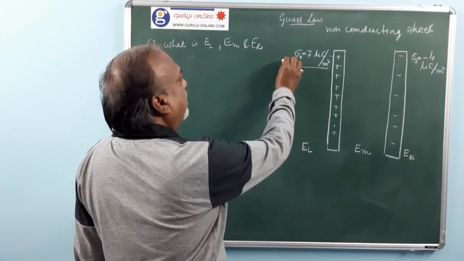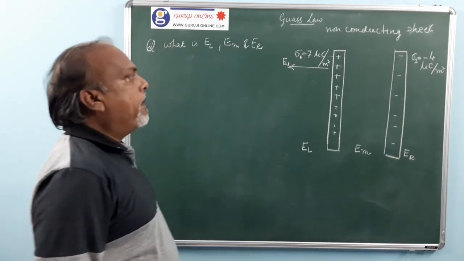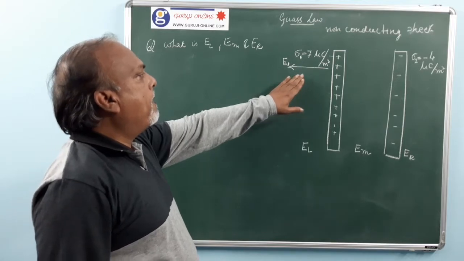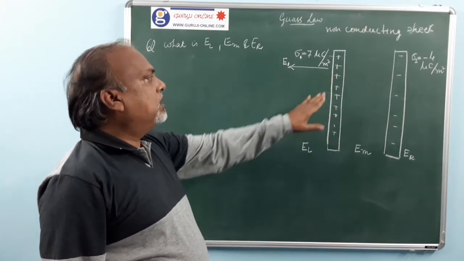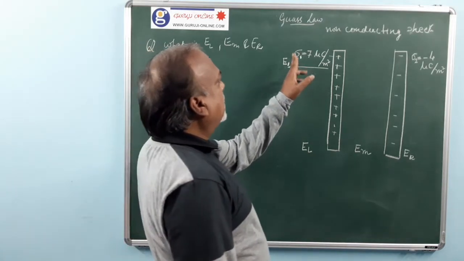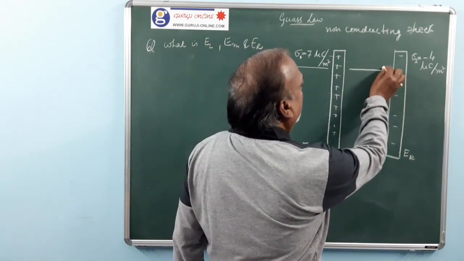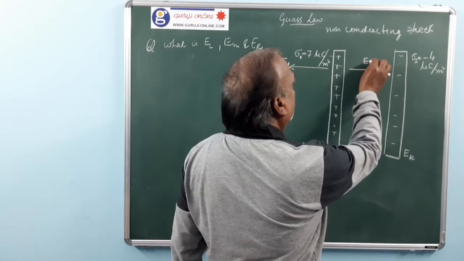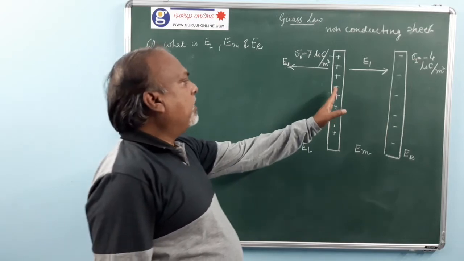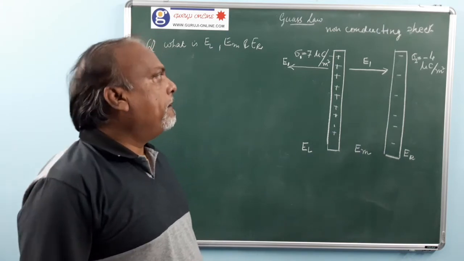So this is E1. This electric field will be in this direction because it is plus. Now due to this sigma 1 in the middle, it will be in this direction, from positive to negative. Any problem?